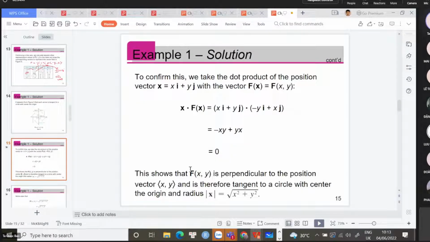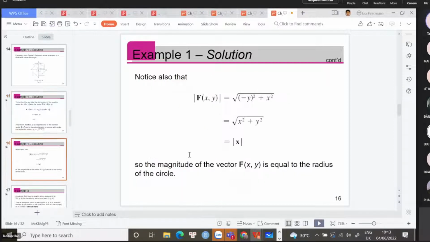Therefore the vector field f(x, y) is now orthogonal, or perpendicular, to the position vector (x, y), and this is therefore the tangent.